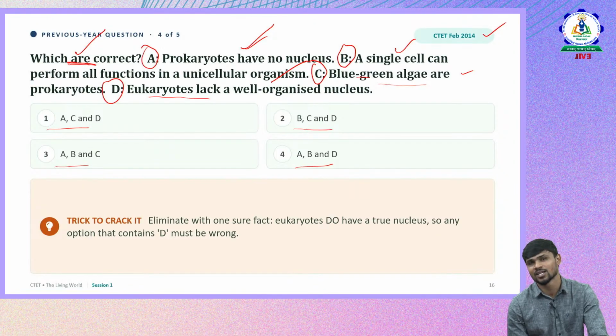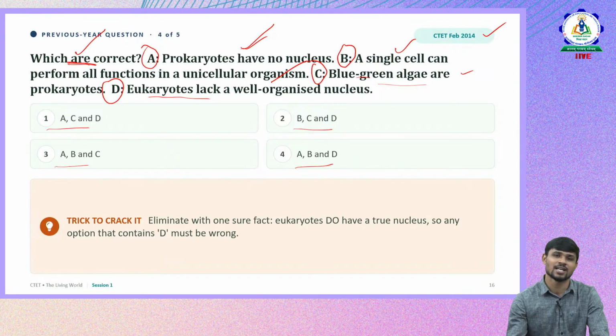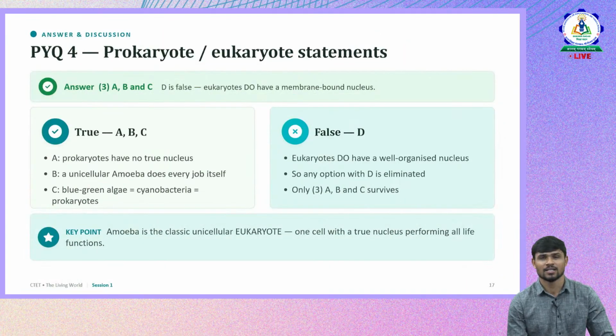We just discussed that eukaryotes are the ones which have a well-organized nucleus and well-organized organelles too, apart from the nucleus. So this is the wrong answer. So which are right? A, B and C. These 3 are the correct options with respect to the cell.